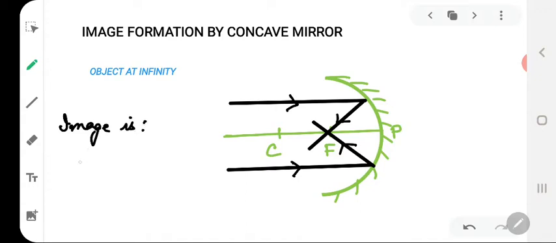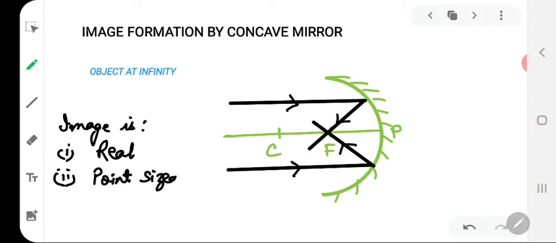It will be real since there is an actual intersection of the reflected rays, and the image will be formed at the focus. Real image is always inverted, but since it is point sized, it doesn't make sense to write that it is an inverted image. So it is a real image, point sized, highly diminished, and formed at the focus.